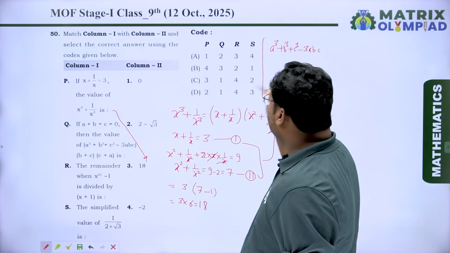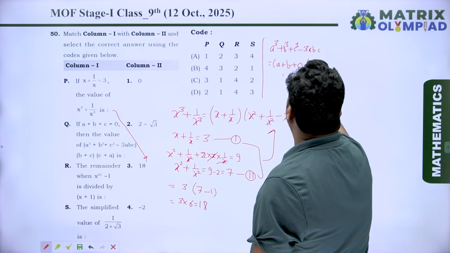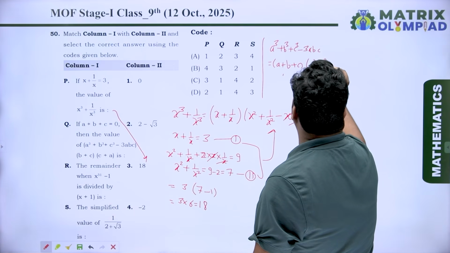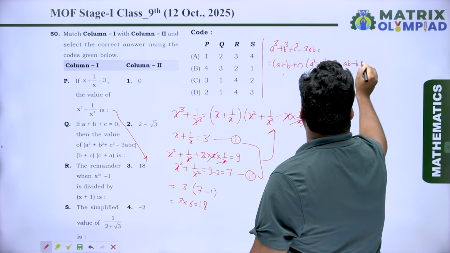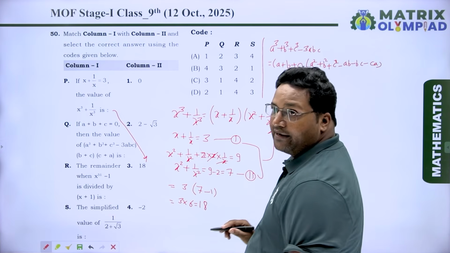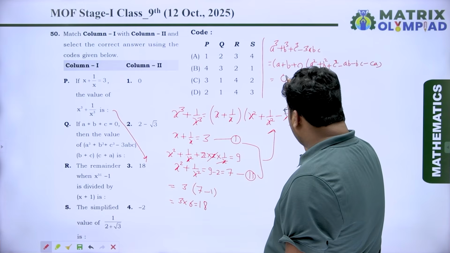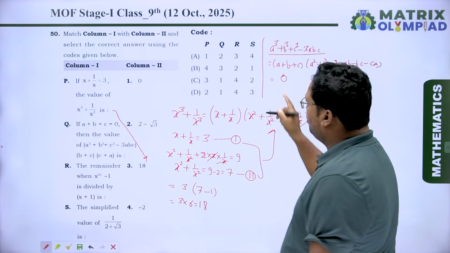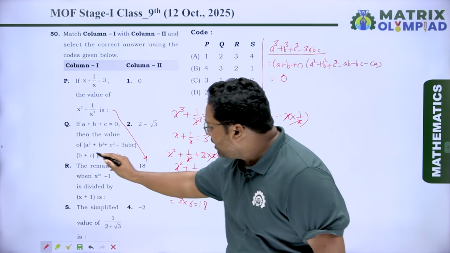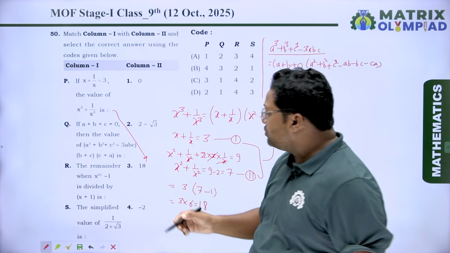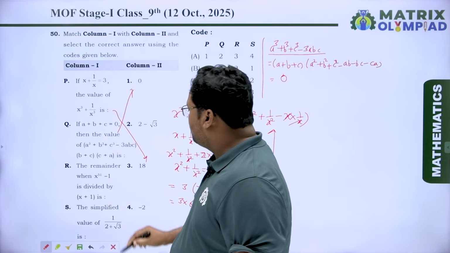The identity of this part is a plus b plus c into a square plus b square plus c square minus ab minus bc minus ca. So when we put the value of a plus b plus c, we will get the value of this part as 0, because a plus b plus c is given as 0. So this part is 0, and 0 multiplied by this part is also 0. So we get the value as 0. So for Q, the first one is true.